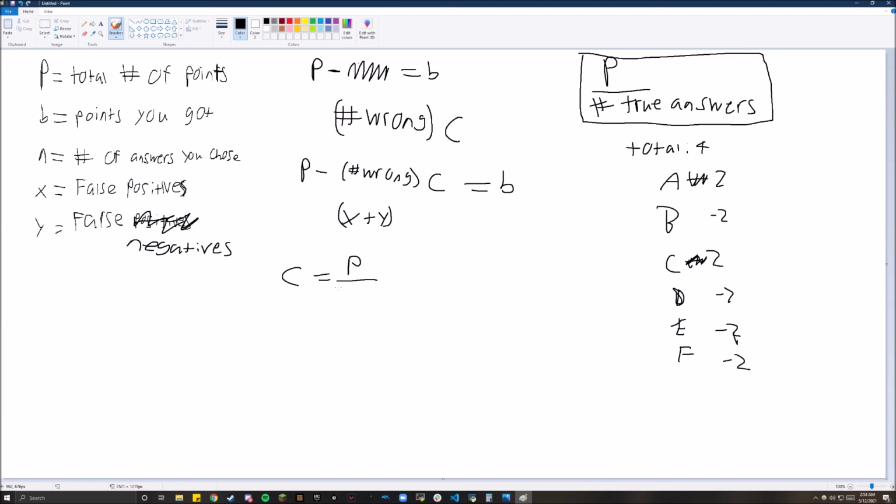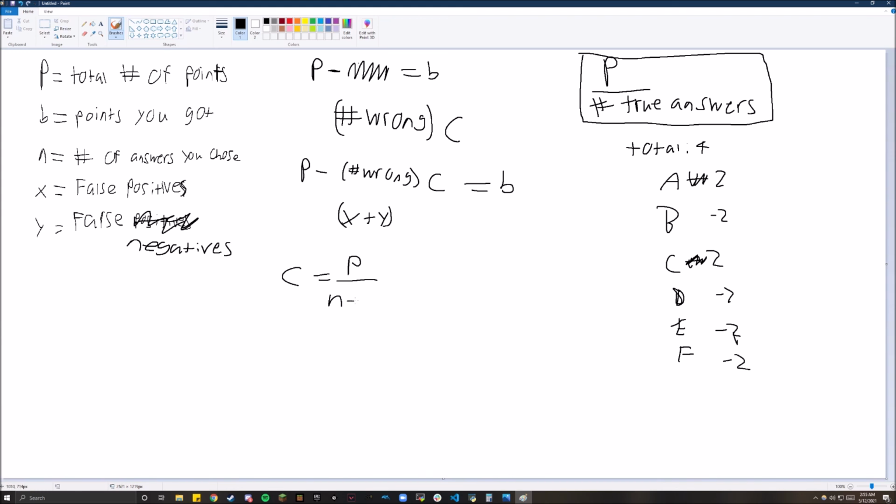But what we can do is graph every possible combination of X and Y such that this equation equals B, such that this equation results in the points that you got. And then we can graph that X and Y, and you can get the number of false positives and the number of false negatives in the graph. So, okay, what does that look like? So imagine you have N, which is the number of answers that you chose.